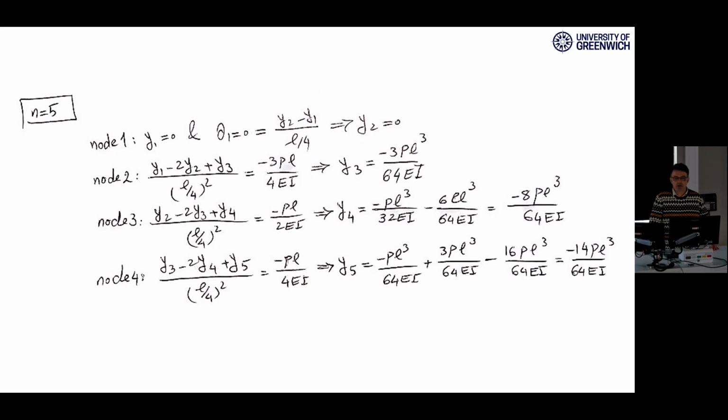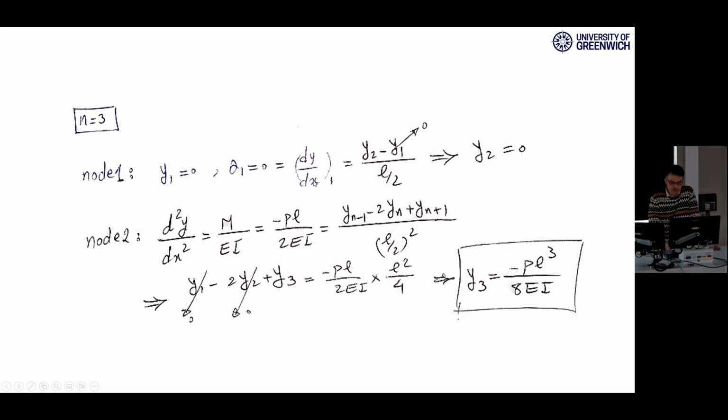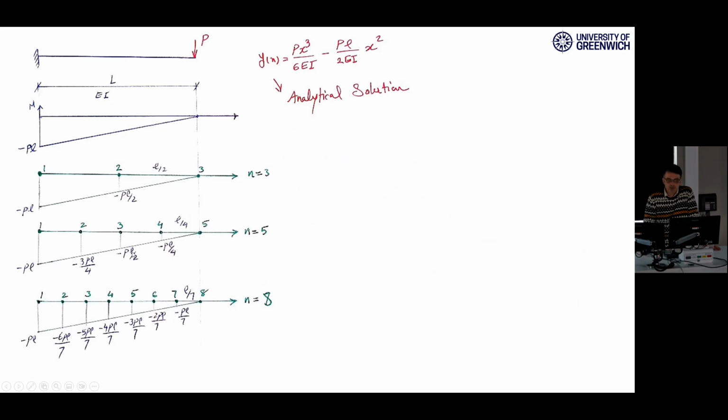When I move to the next point, I just increase the indices by 1: 1, 2, 3; 2, 3, 4; 3, 4, 5. The right part really comes from this curve. For the first point, you use this one. For the second point, you use this one. For the third point, this one. For the fourth point, this one. Right?